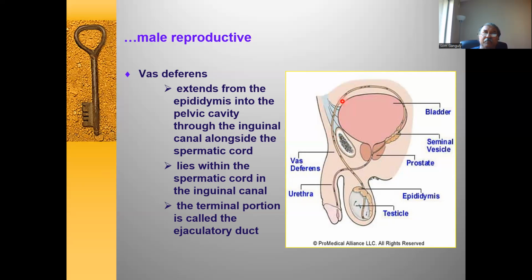It's already inside the body, underneath the skin, but it goes inside the pelvic cavity through the inguinal ring, and it reaches the backside of the urinary bladder, comes on top of it, on the side, and empties into the ejaculatory duct, which is the main channel of the urethra.